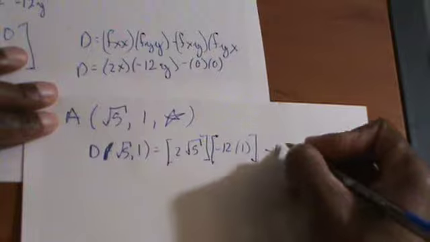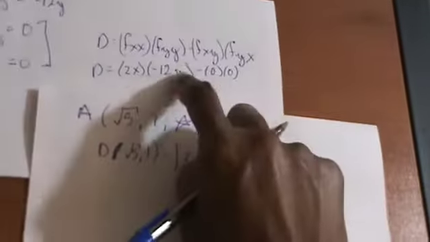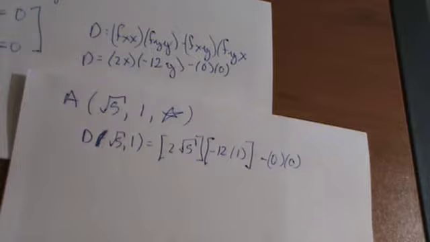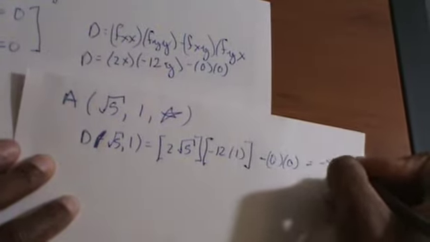minus 0 times 0, right? So I'm actually making a substitution into this d. All right, so let me see if I can come up with that number. 2 square root of 5, and from this I got negative 53.67.